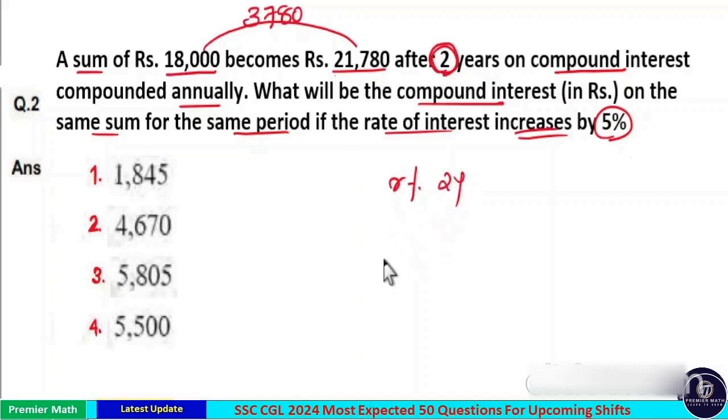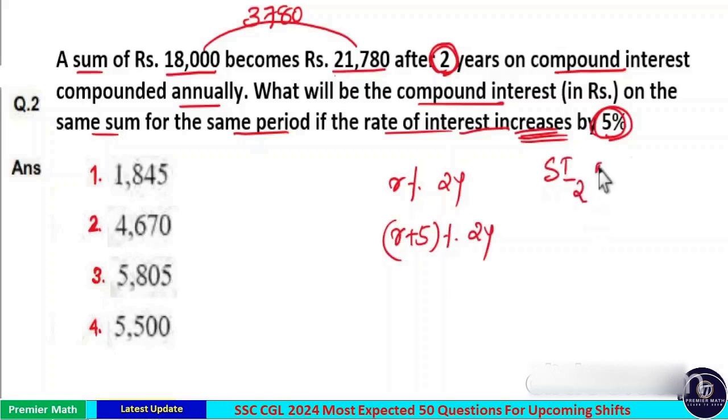So this is for 2 years. Now interest increases by 5%. So we need to find out what the compound interest generated at the rate of R plus 5% for 2 years is. Instead of this, I'll calculate simple interest for 2 years at the rate of 5%. For 1 year it is 5%, for 2 years it is 10%.